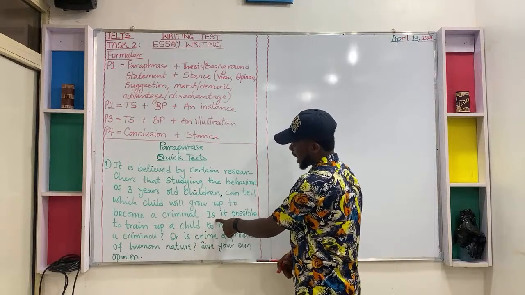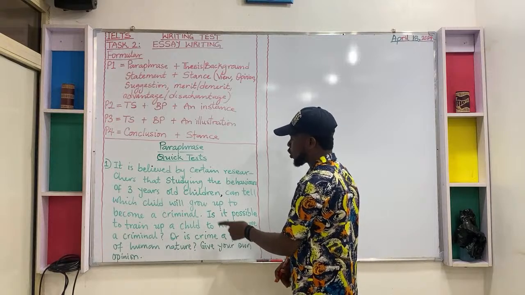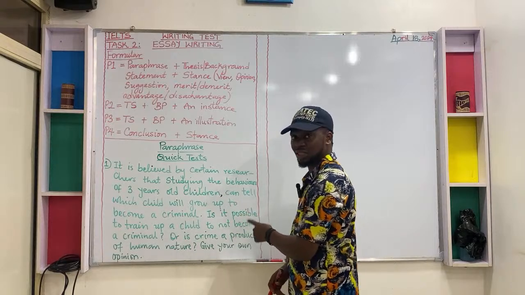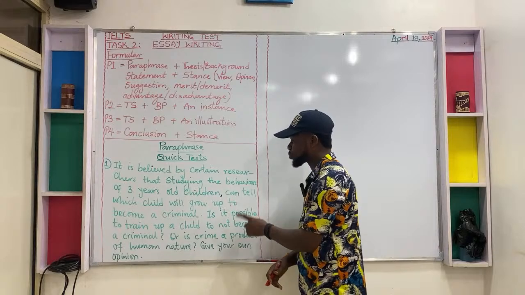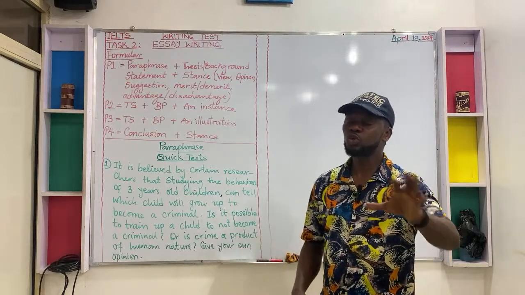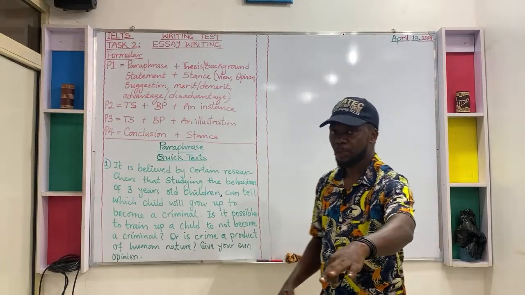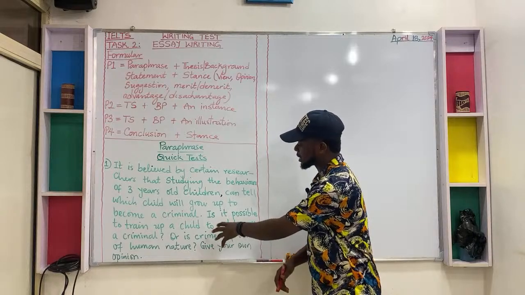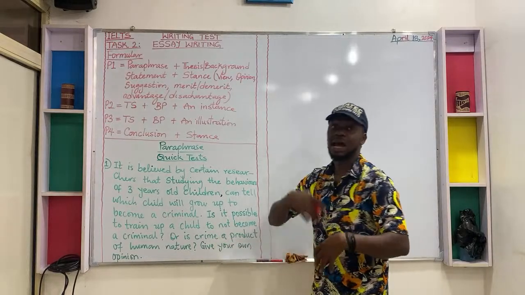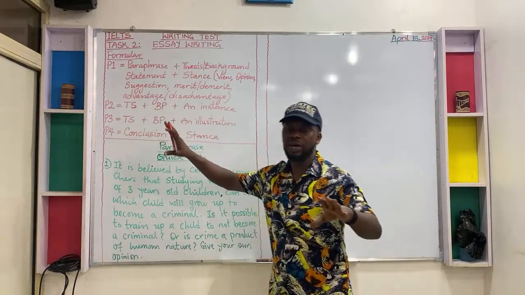This part that asks you, is it possible to train up a child to not become a criminal, or is crime a product of human nature? This part is not for you to paraphrase, no. Rather, it is for you to act on. All right? These are the different questions that you now develop or work on as your essay.